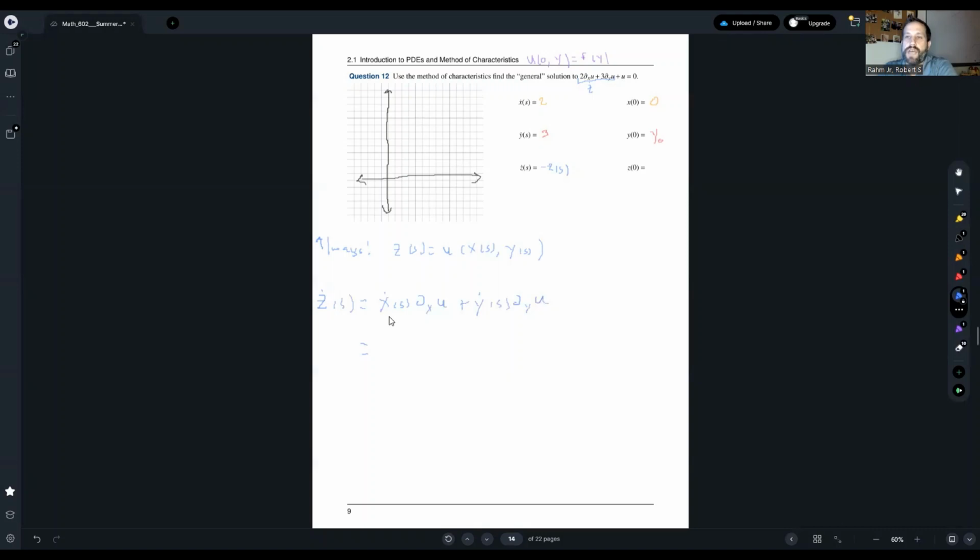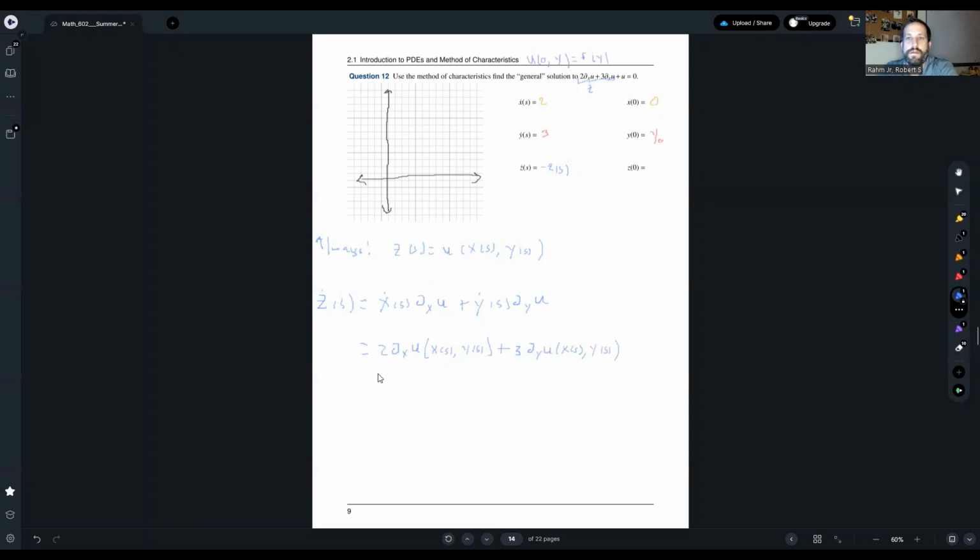Okay, so what is x dot of s? x dot of s is equal to 2, so this is 2 times the partial derivative of u with respect to x. And again, I haven't been so clear here, but we're evaluating this at the point x of s, y of s, and then y dot is equal to 3. So this is plus 3 times the partial derivative of u evaluated at x of s, y of s.